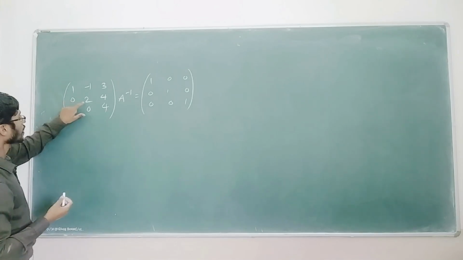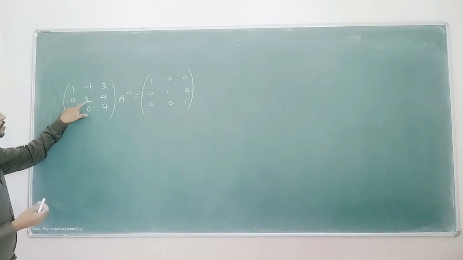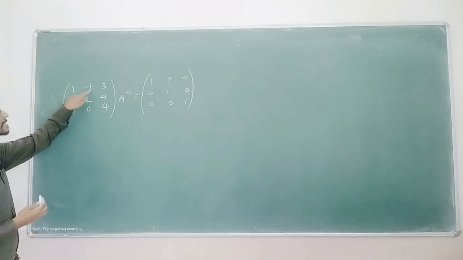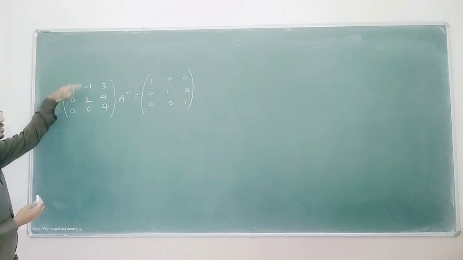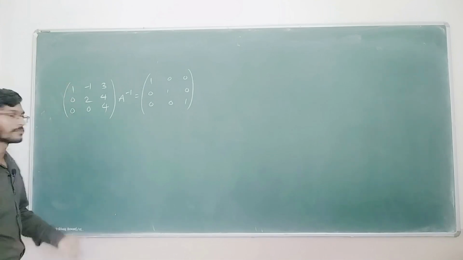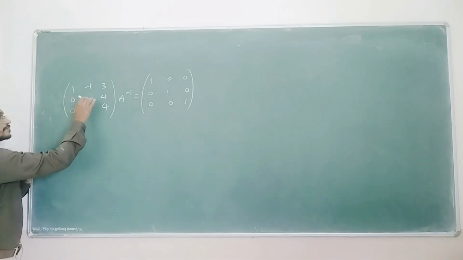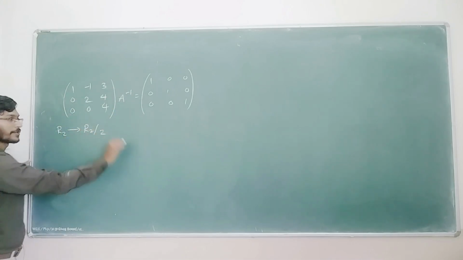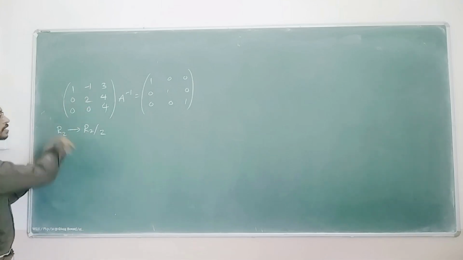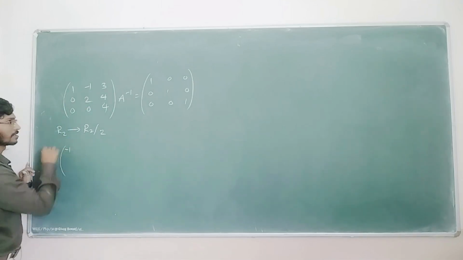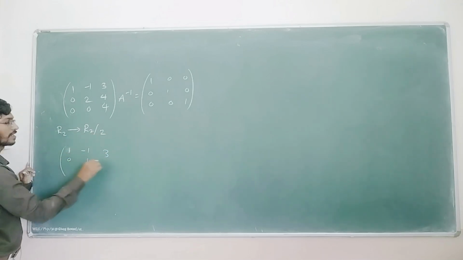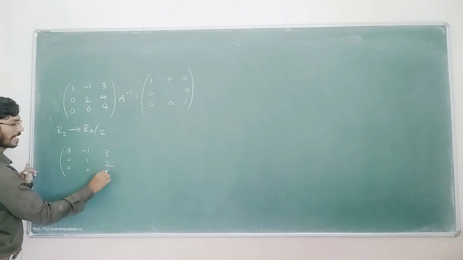Because I don't want to spoil this 0, I have to divide this or make this equal to 0 first, but the calculation will become lengthy. So I will make this 1 by dividing by 2. So R2 will change to R2 divided by 2. Okay, now R1 is as it is, 1 minus 1 3. Now divided by 2, 0 1 2. Third is as it is.